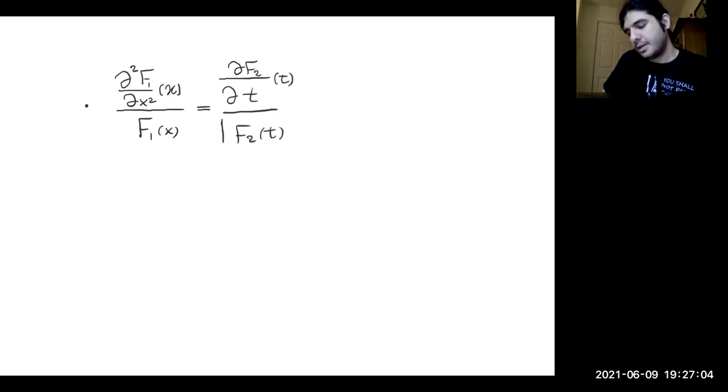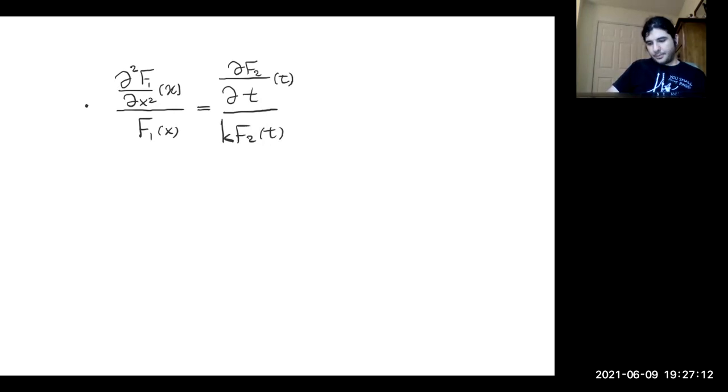There should be k here too. We would get this equation. Divide everything by f1 and f2. Yeah, that's correct. So again, we would have the same argument as before.